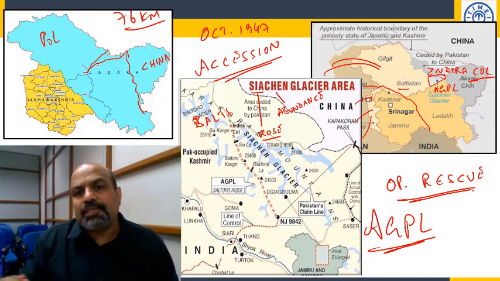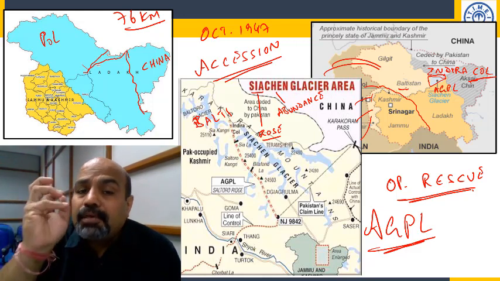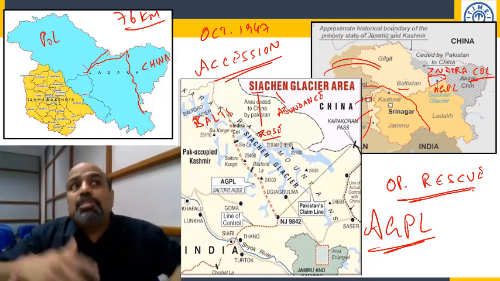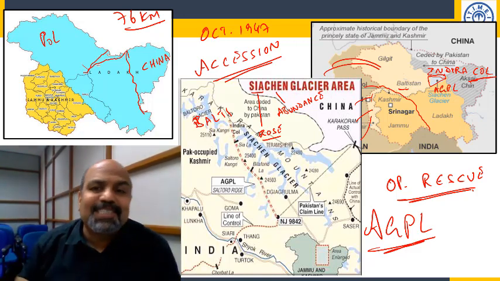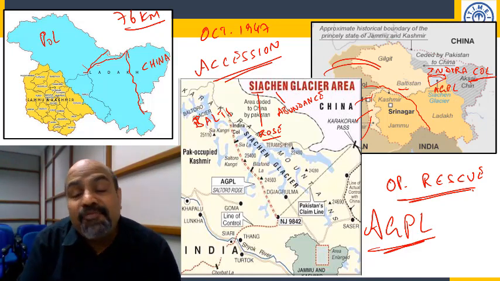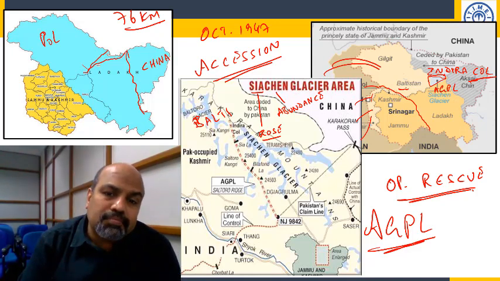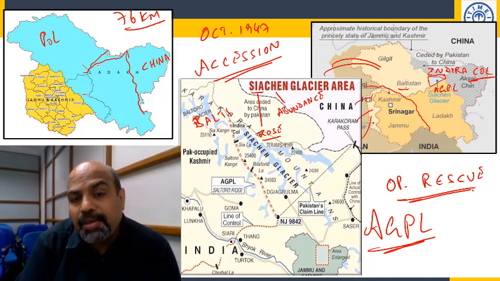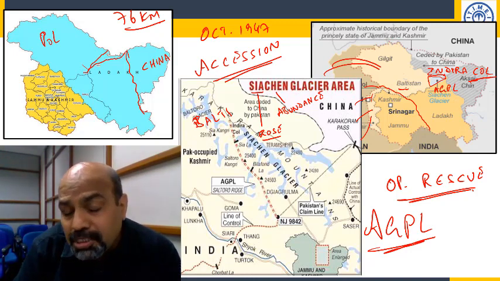In the Balti Bhasha, Saya means rose, Chen means abundance. So there's a plenty of abundance of roses here. Well, of course, it's just a mountainous area, very cold, snowy glacier, but such is the irony that this place is called Siachen Glacier. A garden of roses, you could say, abundance of roses.